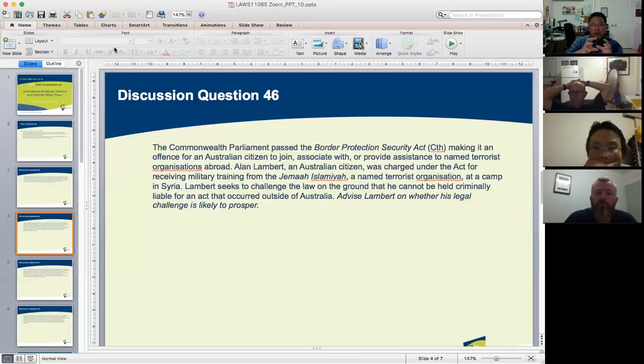So in other words, although it did not have a direct impact on Australia, in the case of Thomas versus Mowbray, there is now a requirement that we must be able to point to an effect on Australia's interests in relation to these types of legislation.